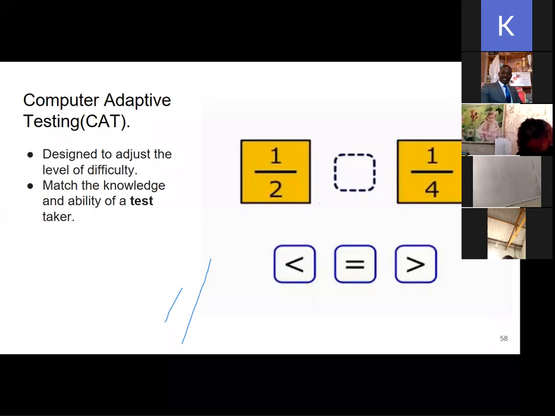For example, in an adaptive test, if a learner responds correctly to item 1, their estimated ability will increase. So the second item that will be administered will be of a higher difficulty level than the first item.